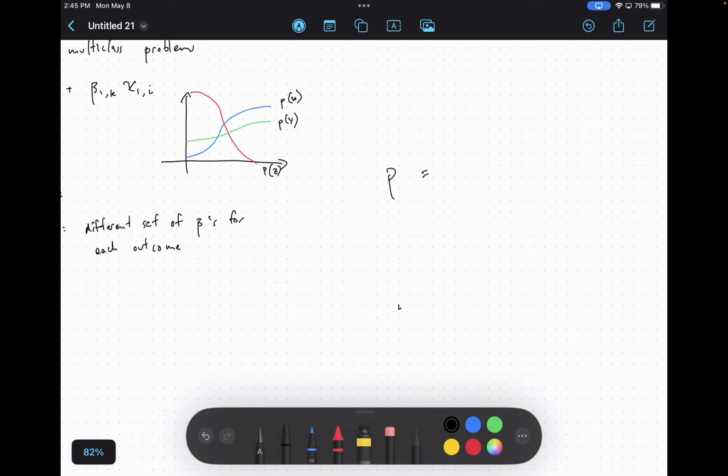So it's exp(beta naught plus beta x) divided by 1 plus exp(beta naught plus beta x). So this equation is slightly different in a multinomial setting. But essentially, the effects package is doing this work for you, plugging in the betas and calculating the probabilities.